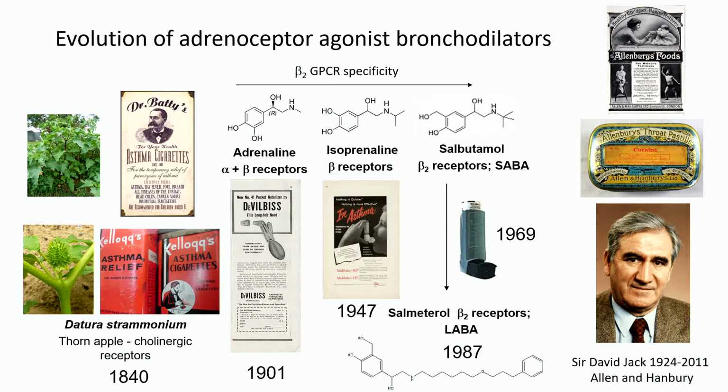You'll see those pastilles in the tin are cocaine pastilles, so already we're getting some quite interesting new drugs coming forward. And David Jack was the person really working at then Allen and Hanburys, as it became known, on salbutamol, and he developed that, and then worked on the long-acting beta agonist, salmeterol, with Roy Brittain.